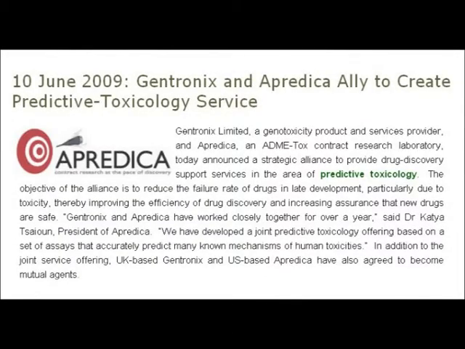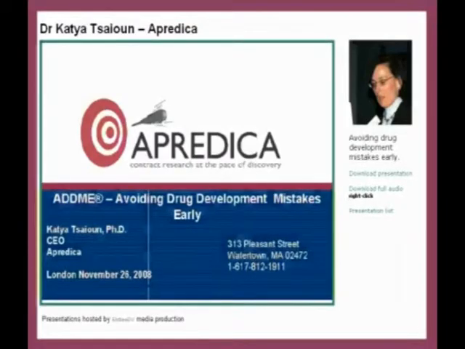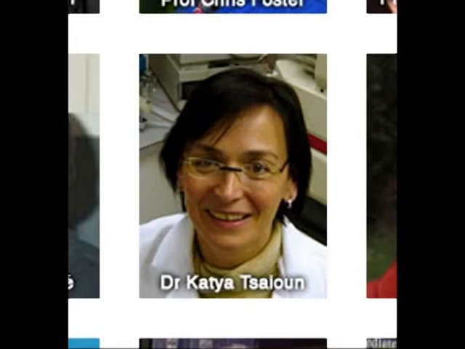This slide talks about a press release in June 2009 about Gentronix and Apredica, I think you pronounce that, allying to create a predictive toxicology service. I won't go into too much detail about it, but Dr. Katya Zion is the president of Apredica, and she's also a scientific advisor to the Safer Medicines campaign.